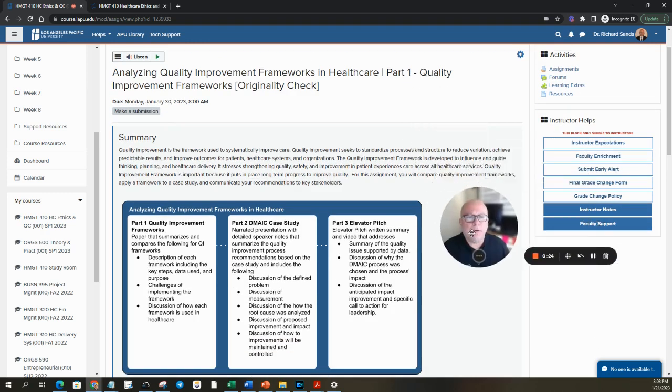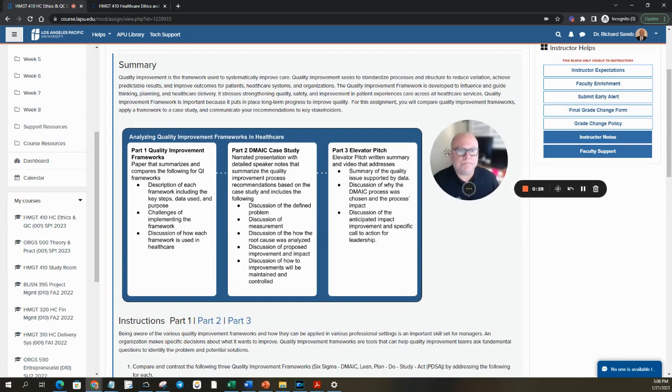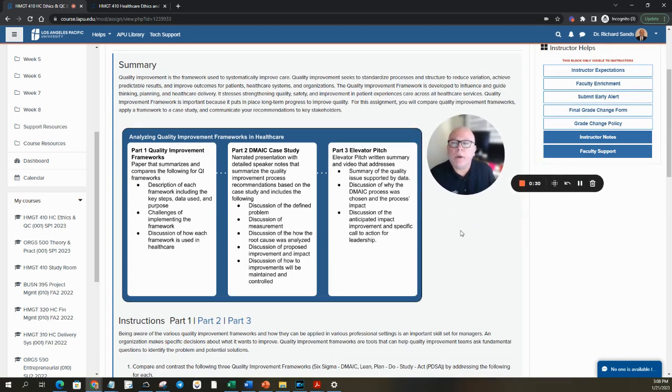All right, so let's see here and scroll up. Summary: quality improvement is the framework used to systematically improve care. Quality improvement seeks to standardize processes and structure to reduce variation, achieve predictable results, and improve outcomes for patients, healthcare systems, and organizations.